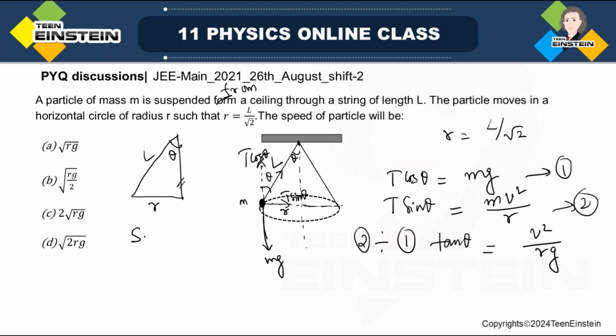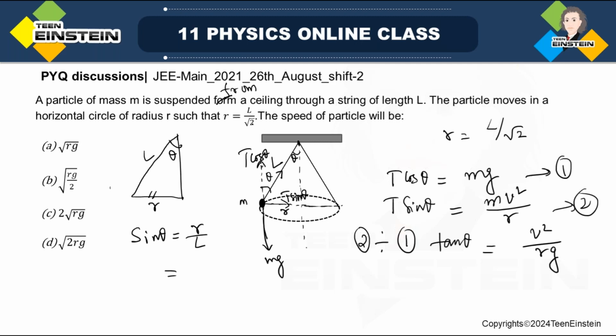So I can write sine theta is equal to perpendicular by hypotenuse, perpendicular is r, L is the hypotenuse, so r and L have a relation.